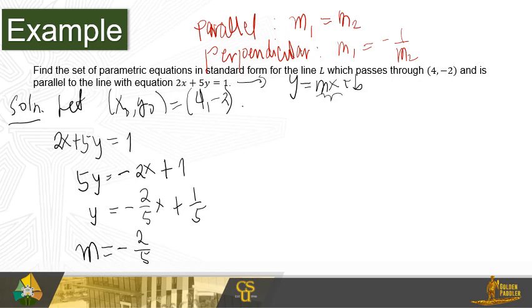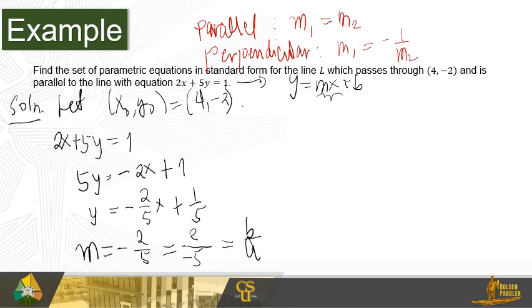In this case, pwede natin gamitin na A is positive 2 tsaka yung B is negative 5, or pwede ang A is negative 2 tsaka yung B is negative 5. Ito yung B over A natin.